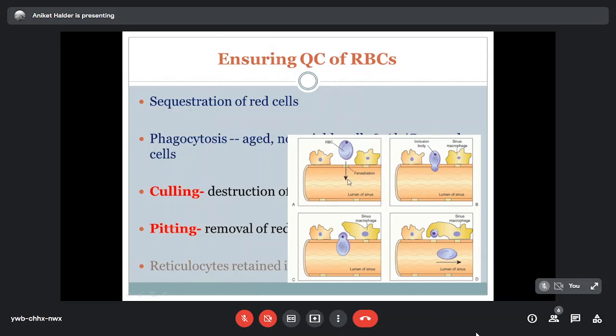They enter the venous sinuses through the fenestrations, but the part of the RBC which contains the inclusions is trapped, because it is denser, not easily flexible, and more rigid. It is trapped in these fenestrations, and the sinus macrophages pick up and engulf these pitted parts and remove them from the RBCs, and these RBCs then enter the circulation through the venous sinusoids.